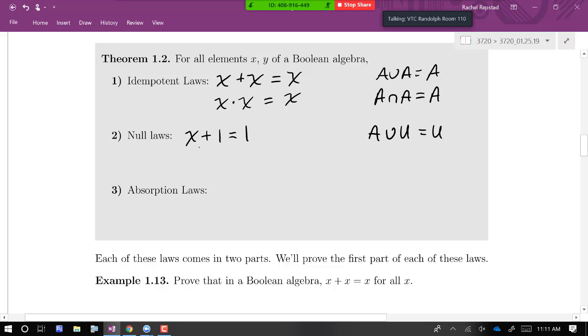The other null law, you probably already observed all of these come in pairs. The other null law talks about what we get if I multiply something by 0. So the operation or statement x times 0, if we write that in terms of sets, what does that look like?